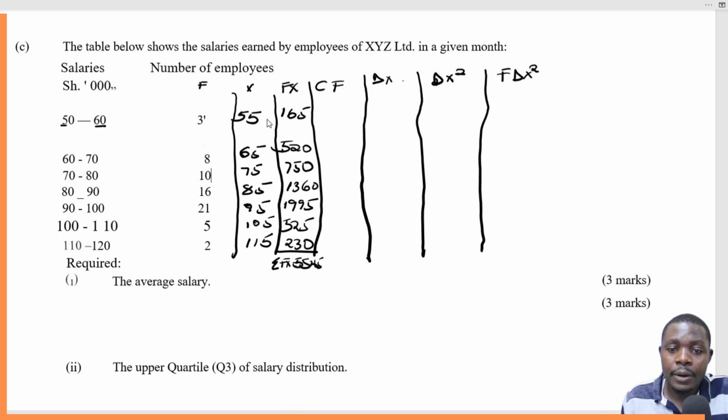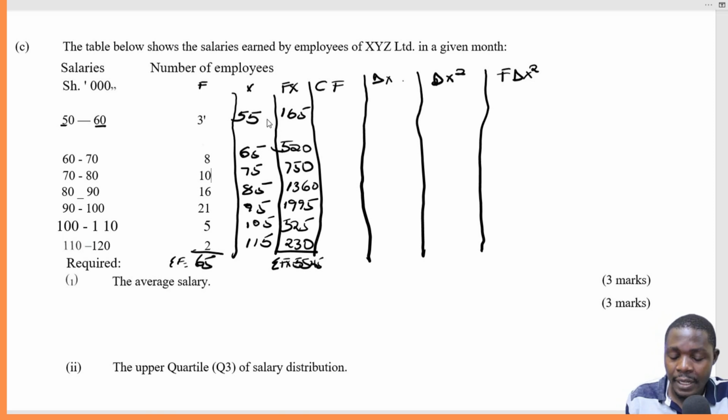Now we can also determine the total frequency. We have 3 plus 8 plus 10 plus 16 plus 21 plus 5 plus 2. The total frequency is 65. Summation of f is equal to 65.